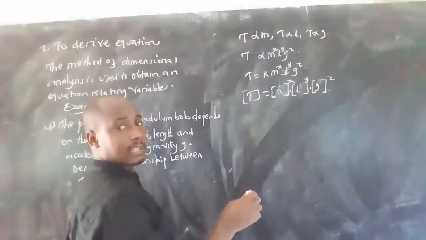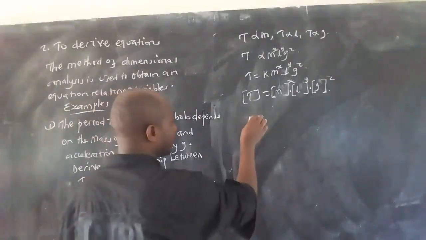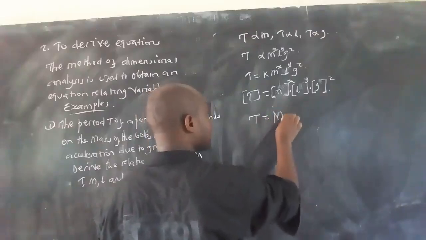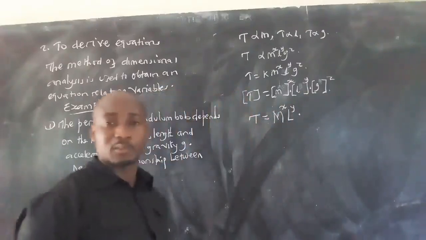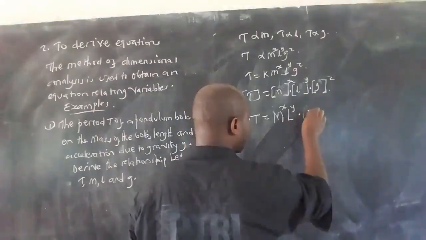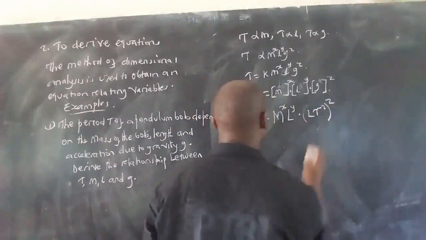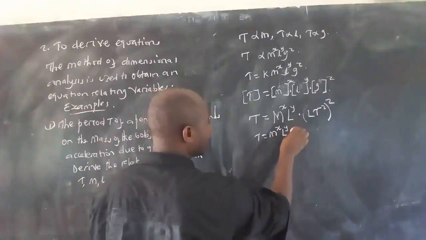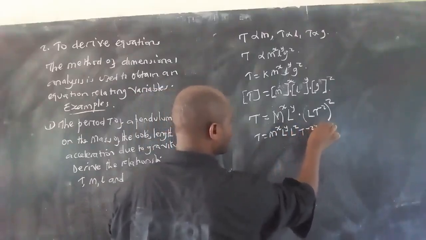So the dimension of time, because it's in seconds, is capital T. Capital T will become capital M to power X, capital L to power Y, and G is acceleration due to gravity, which is meters per second squared, so L T to the negative 2, to power Z. So T will become M to power X, L to power Y, L to power Z, T to power negative 2Z.